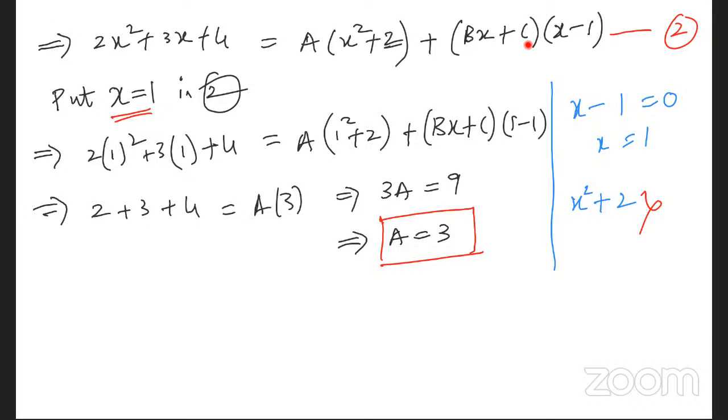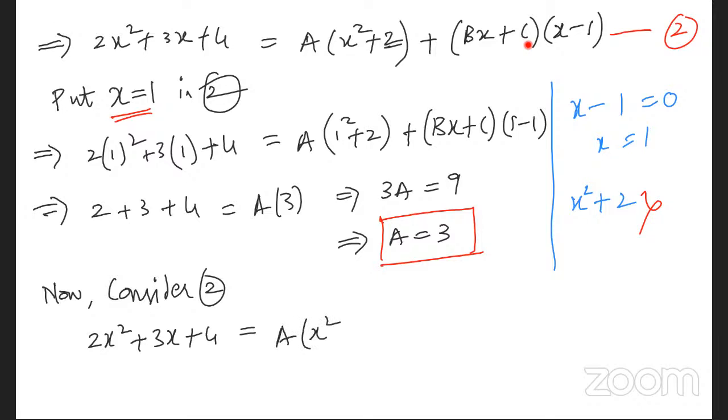Now we are going to consider equation 2. So what is equation 2 you have? 2x² + 3x + 4 is equal to A(x² + 2) + (Bx + C)(x - 1). We'll try to simplify this further.